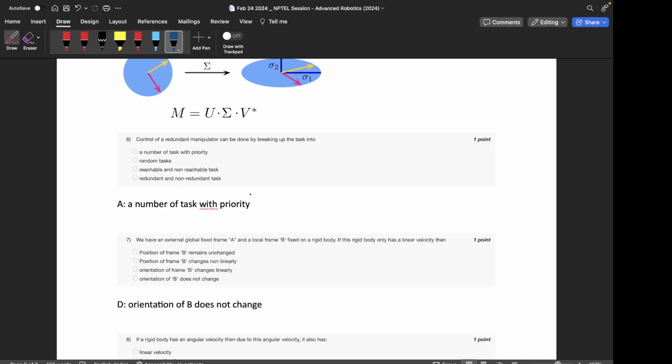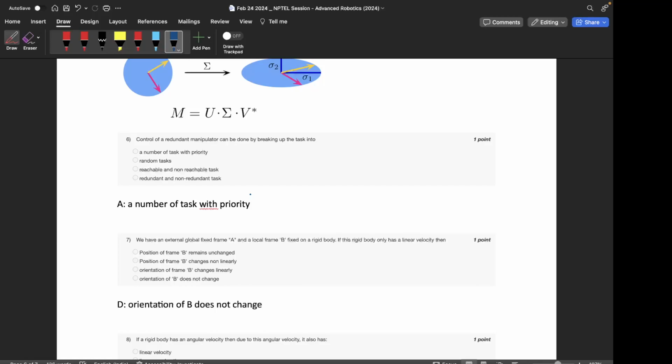And this is what I was alluding to when I was saying that when we have more than the required number of degrees of freedom, then we can achieve more than one task, and we can achieve tasks sequentially such that the higher priority tasks are not violated. This is a very in-depth topic of control in itself, and I cannot do justice in a few sentences.